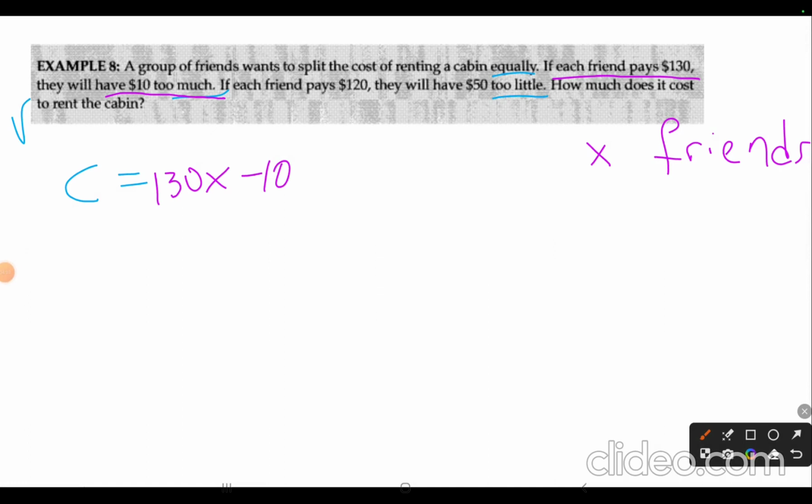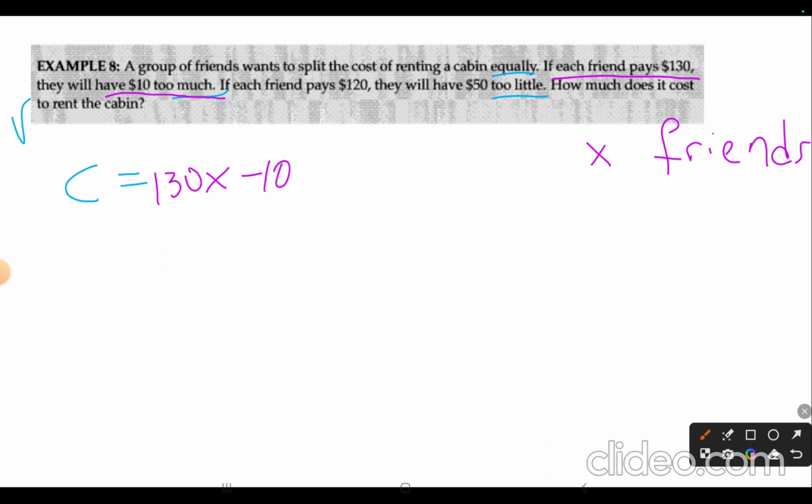For example, if cost is $40, but you have $50, which is $10 more, you subtract 10 and equalize to the cost. You have $10 more. That's why we subtract it.